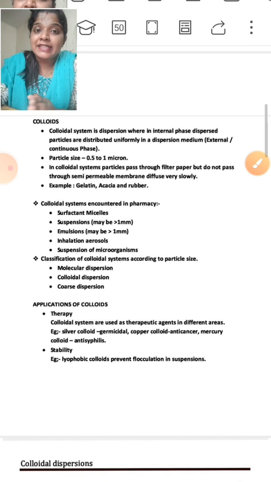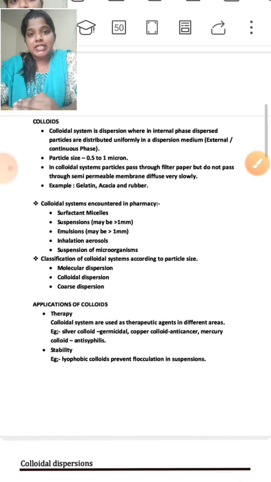It's like a suspension. We can give suspension as an example. You know what a suspension is, right? The insoluble drugs are distributed, right?